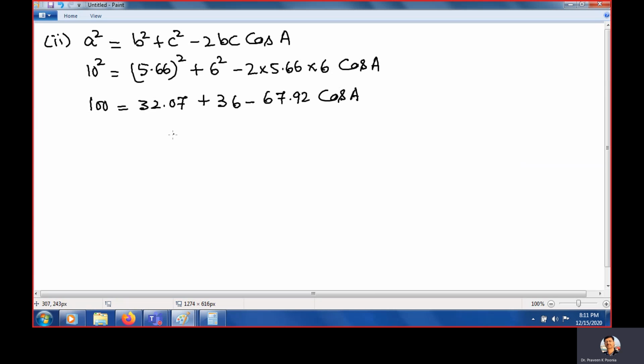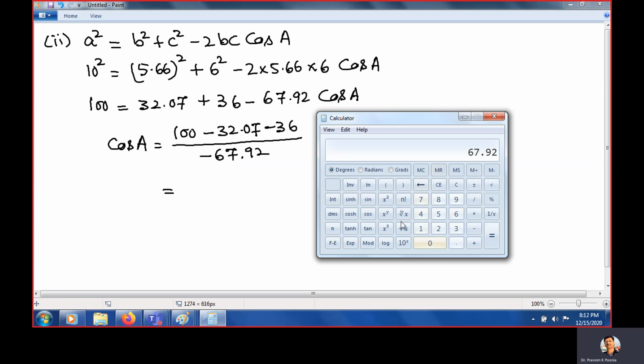Cosine of A. So if you want to find the value of cosine of A, it will be 100 minus 32.07, this value, minus 36, and divide by this value, 67.92, and find the value of cosine of A. So we will do 100 minus 32.07 minus 36, divided by 67.92, and this value is negative.